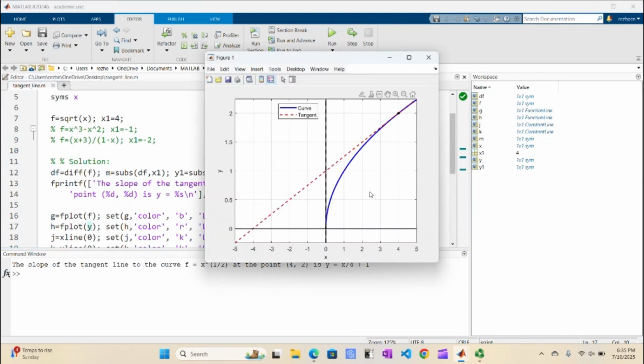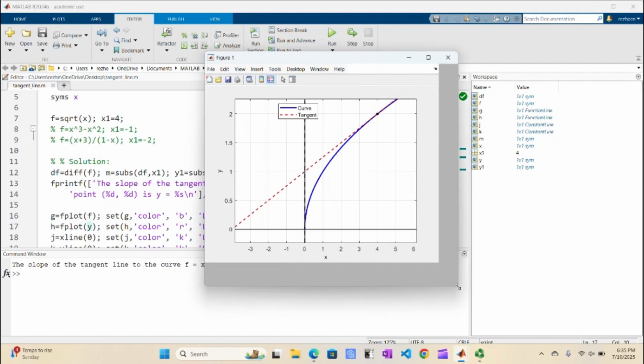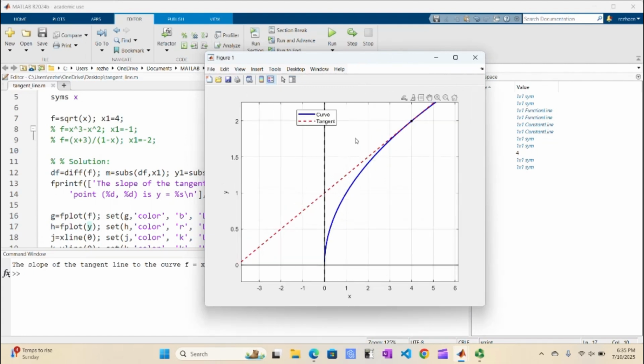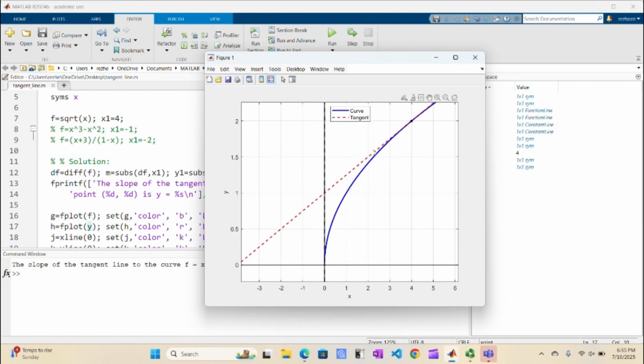It's similar to his graph. We can make this a little bigger. We have the slope of the tangent at the point 4, 2, and we also have the curve and the tangent line together, and we have a legend.